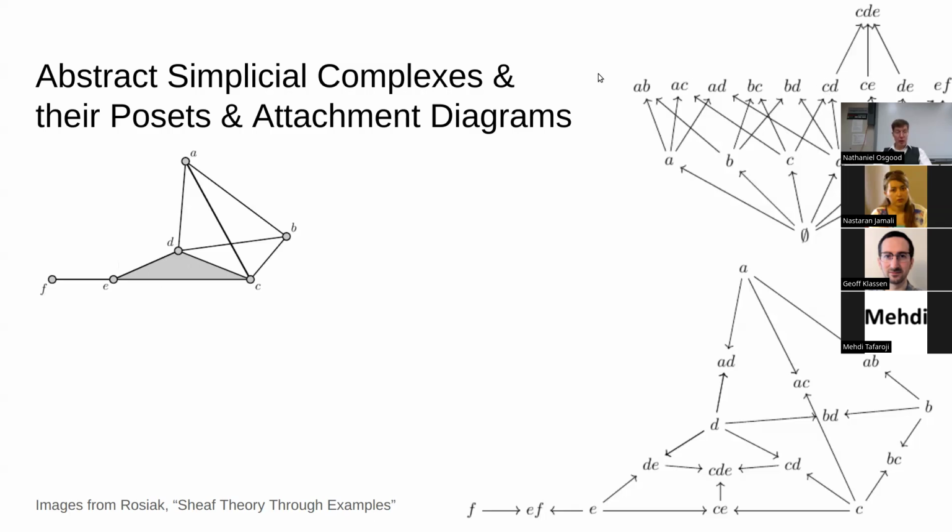And CD is indeed part of the two simplex as well, even though it doesn't contain E. It's this other edge here, right? It's part of this simplex. So I think what I'm alluding to is what you would have seen in Rosiak's description of this. I think it's chapter 9, where he describes that there's a poset here.